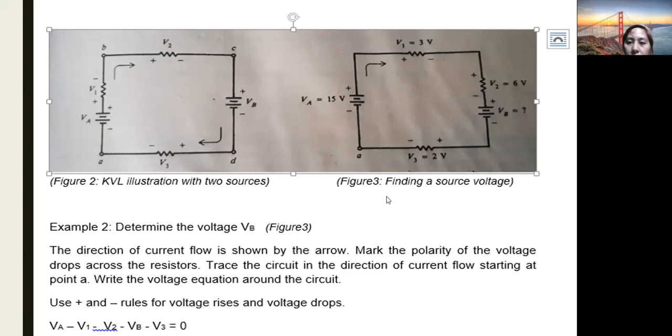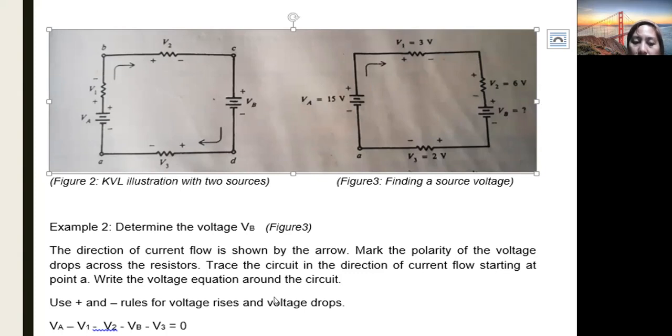So these are the given. How are we now going to determine voltage VB with the given numbers? Voltage applied is equal to 15 volts. Voltage drop 1 is 3 volts, voltage drop 2 is 6 volts, voltage drop 3 is 2 volts, and we are looking for VB.